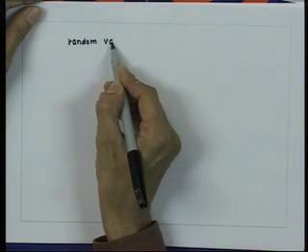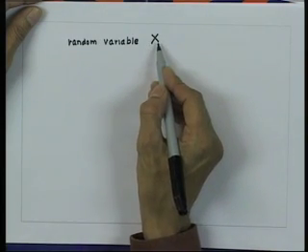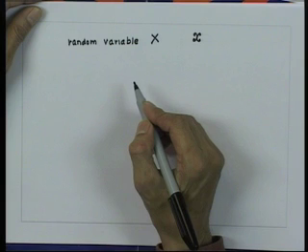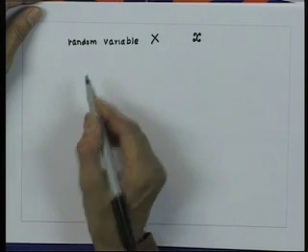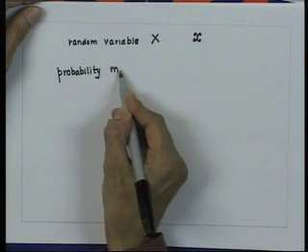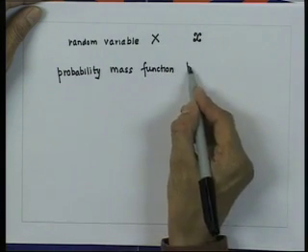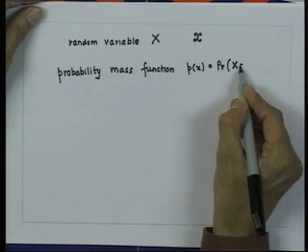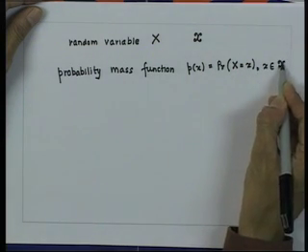So the output of a source will be denoted by a random variable x with the source alphabet given by this, and we will denote the probability mass function Px, that is equal to probability of the random variable x equal to x, where x belongs to the alphabet.